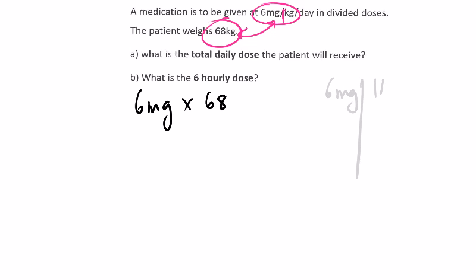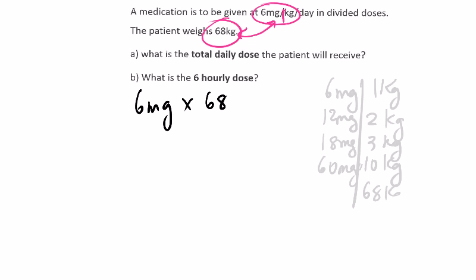If hypothetically the patient weighed 2 kilograms, we would need twice as much. If the patient weighed 3 kilograms, we would need 3 times the original, 3 6s, 18. If we had a patient weighing 10 kilograms, we would need 10 times the original, so 60 milligrams.